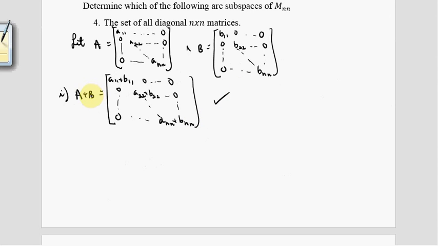So indeed, when you add the 2 diagonal matrices, the result is still a diagonal matrix.